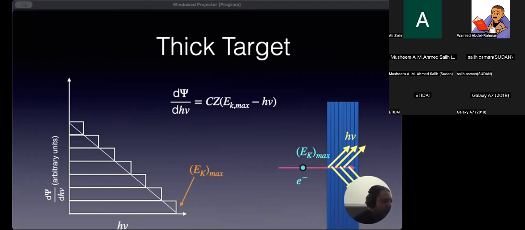So, for example, we can ask, what's going to happen to the spectrum of the beam if we add thicker filtration? Suppose we add a filter of, let's say, 1 millimeter of copper or whatever, and now we increase it to 3 millimeters.